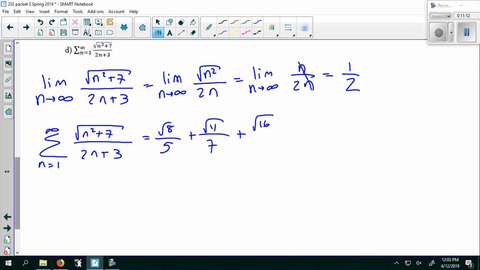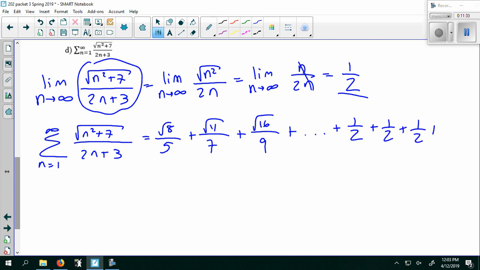I get the square root of 16 over 2 times 3 is 6, plus 3 is 9. Okay, so the fact that as n goes to infinity, my terms are going to a half means that I can skip a bunch of numbers here, and eventually these are going to be like adding a half over and over and over again, which means that I'm going to be increasing the value of this sum every time I add something on. I'm going to be increasing it by a 1/2. So I'm going to increase the value of this sum without bound. It's just going to get bigger and bigger and bigger and approach infinity.